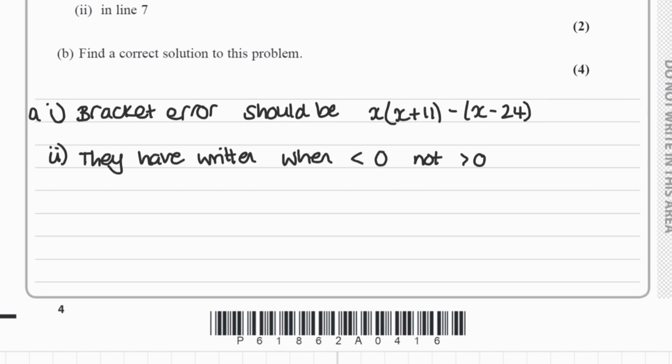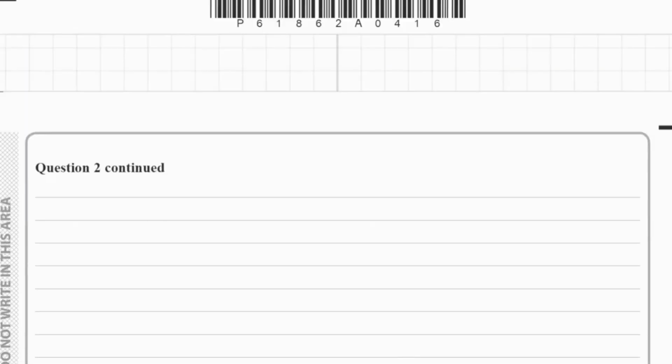Now, because of that error early on in line 3, it is going to change those points of intersection that we've got lower down, those roots of that quartic. So we're going to have to basically start from scratch. The first couple of lines are okay, so we can use those to start our marks off. So just for completeness' sake, I'm going to start right from the beginning.